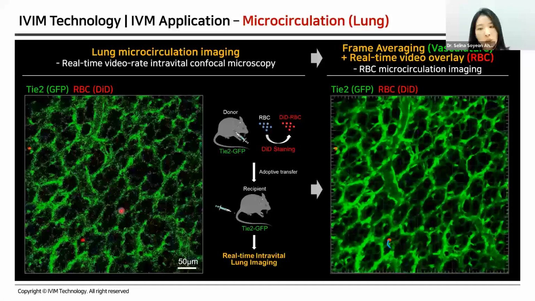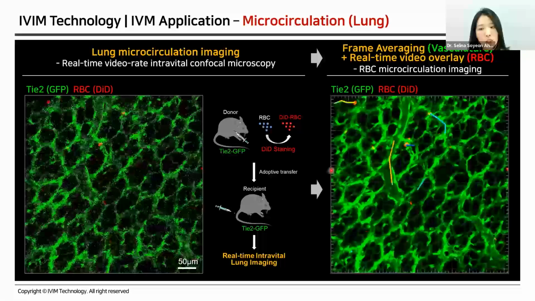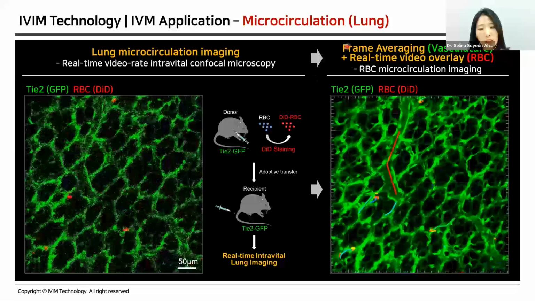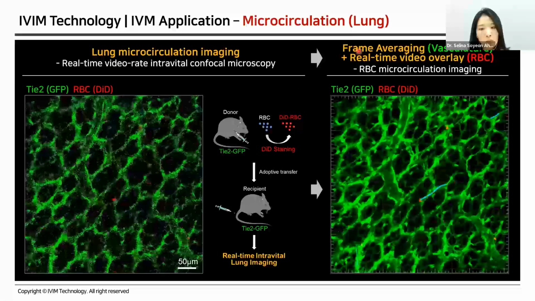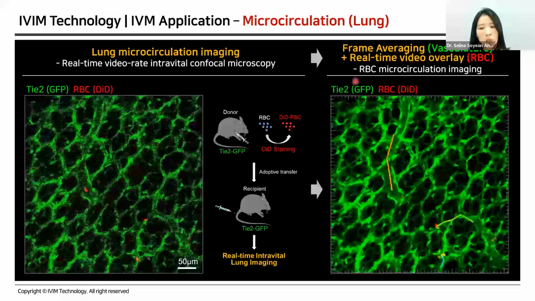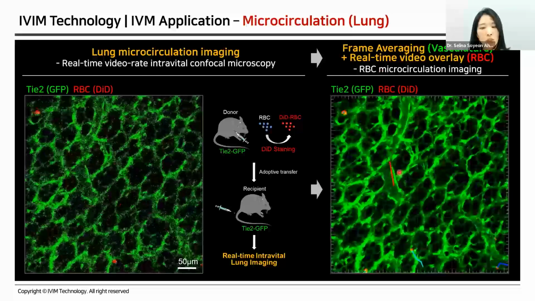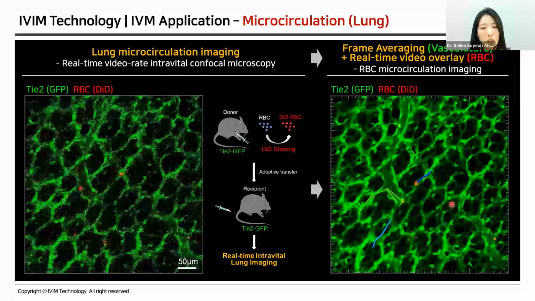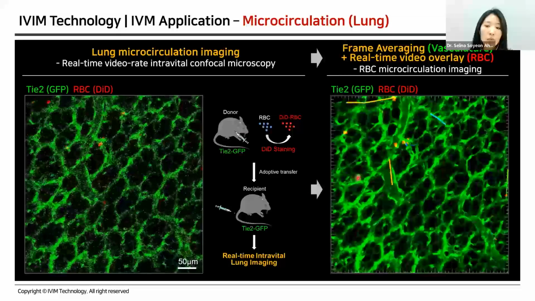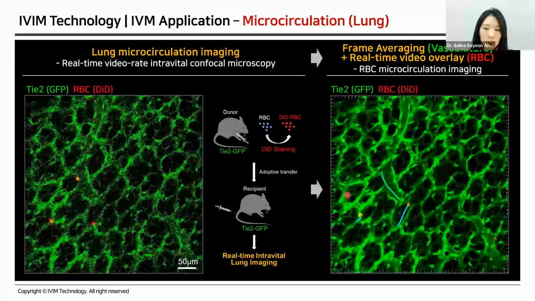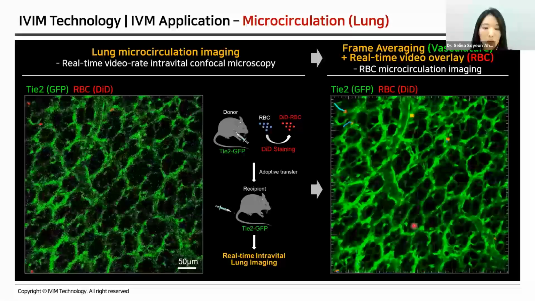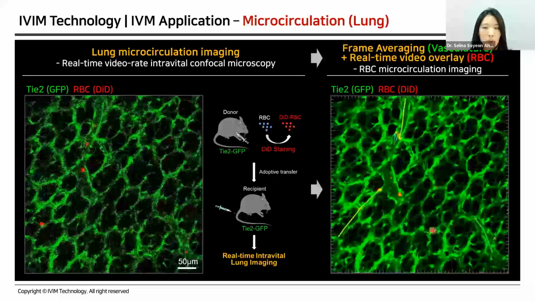We acquired the real-time video of the pulmonary microcirculation at 30 frames per second. Then we processed it with frame averaging and motion compensation for the vasculature, and then we did the video overlay with the RBC signal. Through this setting, we can get a high quality real-time movie of the pulmonary microcirculation and can also measure the red blood cell flow rate with the cell trafficking functions as well.